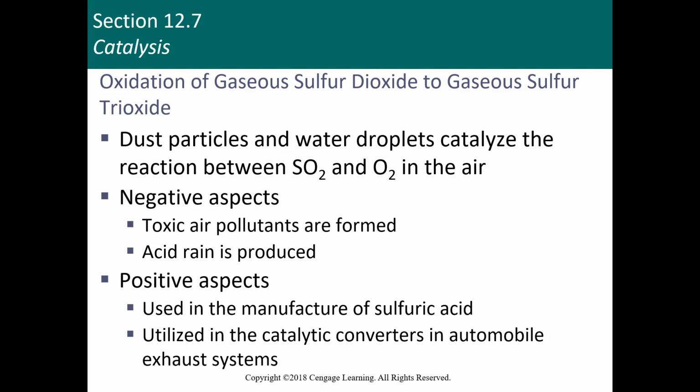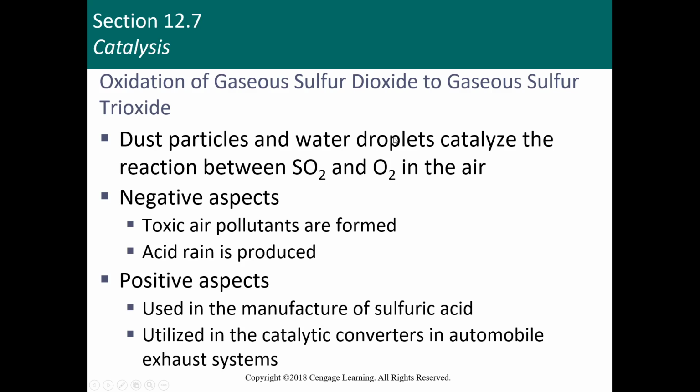So, the oxidation of gaseous sulfur dioxide to gaseous sulfur trioxide. Dust particles and water droplets will catalyze the reaction between SO2 and O2 in your air. I really should do these in reverse order. Okay, so acid rain. This is acid rain.